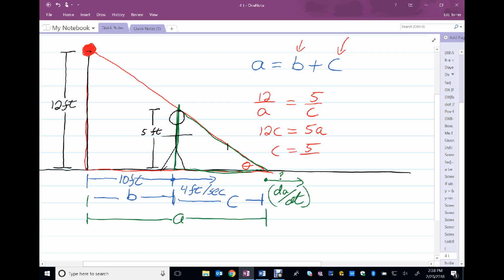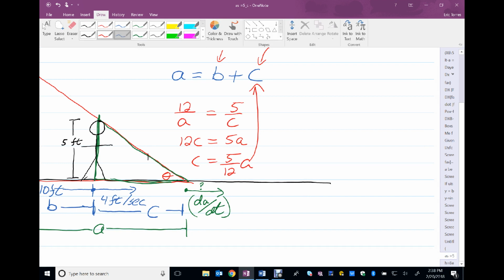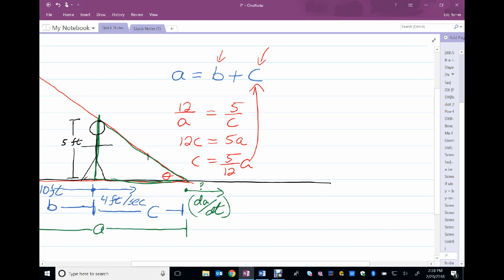Now, watch what I've accomplished here. Taking that up and doing a substitution. And you'll find you'll be doing a lot of substitutions. I end up with A equals B plus C.